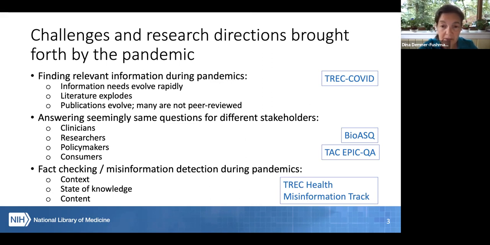Basically, in the TAC challenge, it is an answer or not. But luckily, at about the same time in 2020, within the regular TREC cycle, the TREC Misinformation track decided to focus on COVID questions. So that was a perfect third aspect: finding relevant information, and how accurate that information is, which was addressed in these misinformation challenges last year and this year.